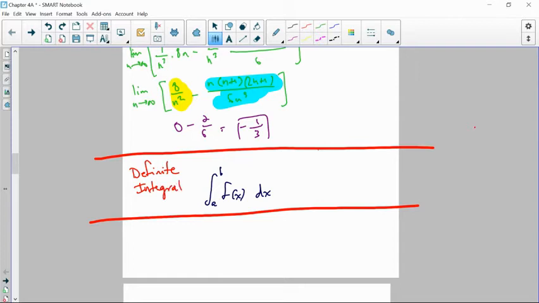It's basically a symbol that says find the area. So when you see this, it's saying find the area under the curve. It's going to start at A, end at B.